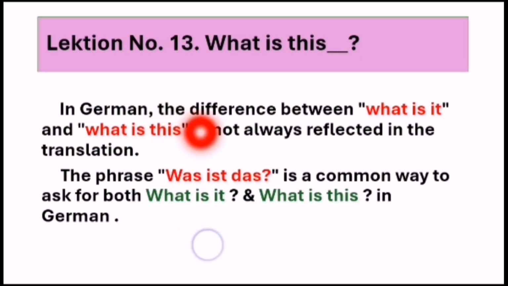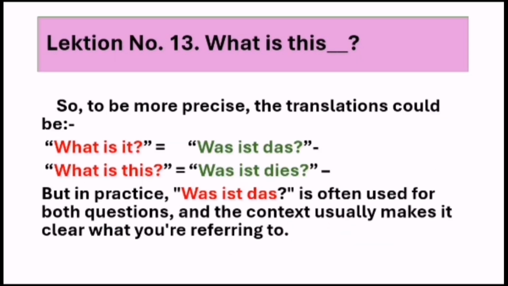In German, the difference between what is it and what is this is not always reflected in the translation. The phrase was ist das is a common way to ask for both what is it and what is this in German.